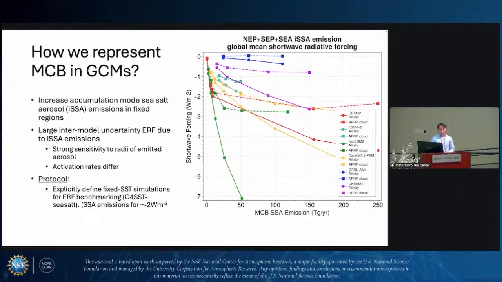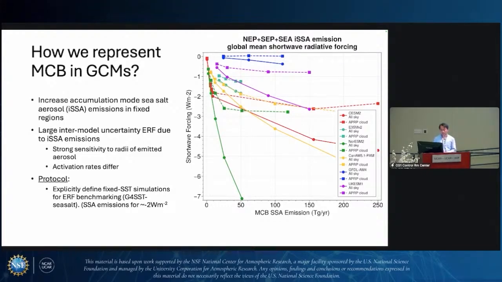And so we have this large uncertainty in the ERF due to these injected sea salt aerosols. In our case, we're looking at a range from, for example, at 50 teragrams per year, -7 watts per meter squared in NorESM all the way down to essentially a negligible forcing in the GFDL model.